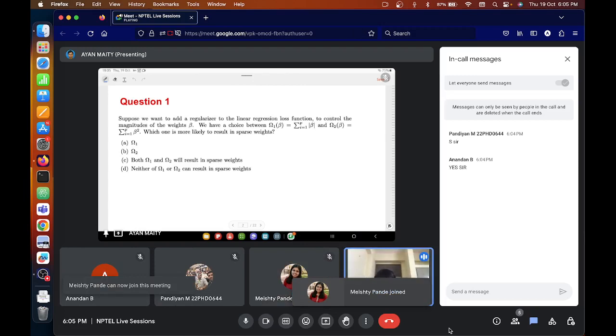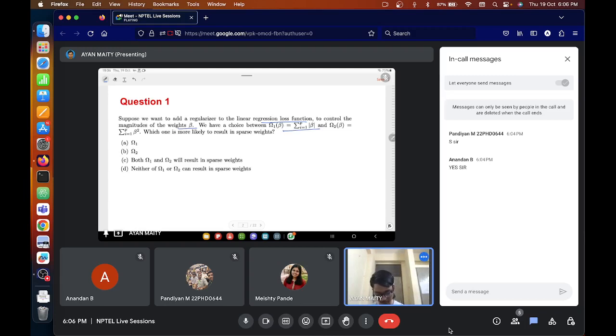So this is the first question. Suppose we want to add a regularizer to the linear regression loss function to control the magnitudes of the weights beta. Beta represents the weights of the linear regression, and we have two choices.